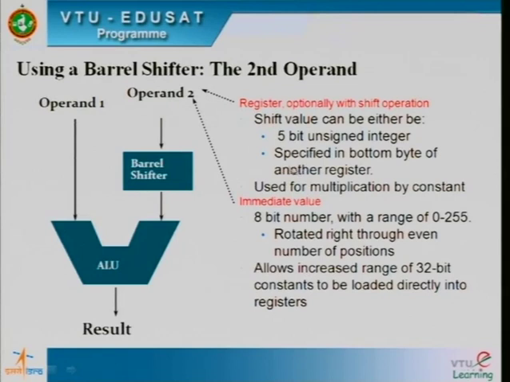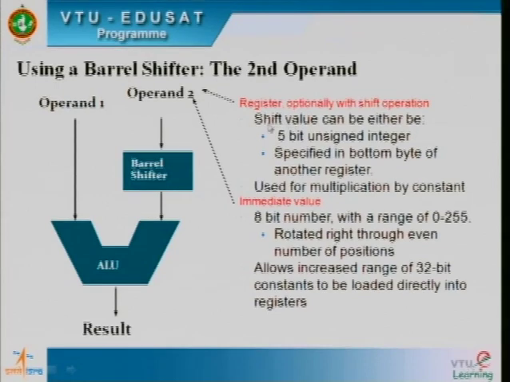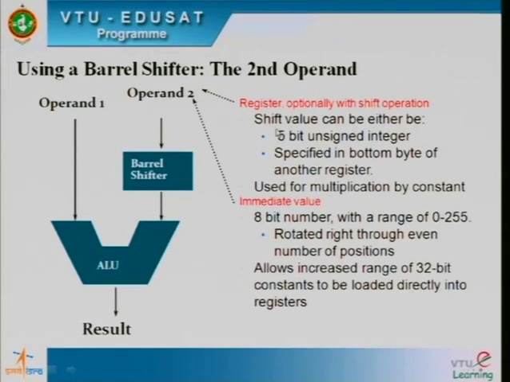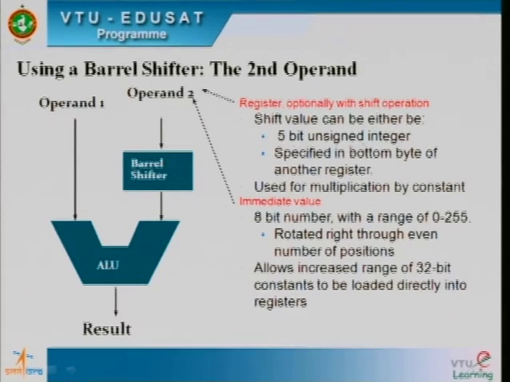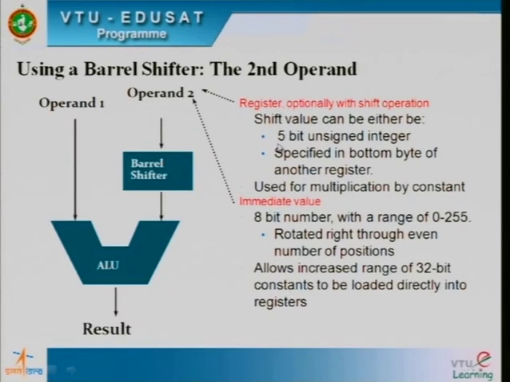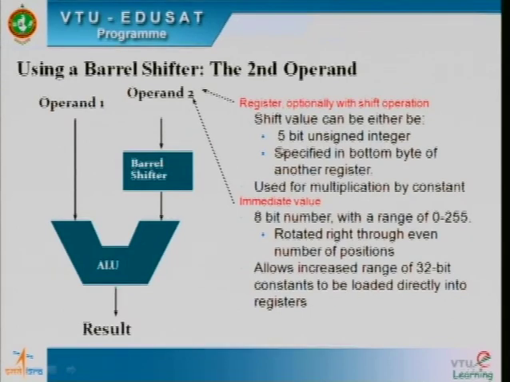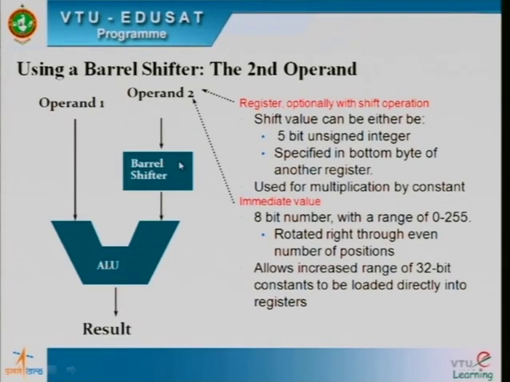Coming back to operand 2, which I give here, along with the instruction I can specify a shift value. The shift value is specified using a 5-bit unsigned integer. With 5 bits, the maximum value I can use is 32, and each register is 32-bit wide.